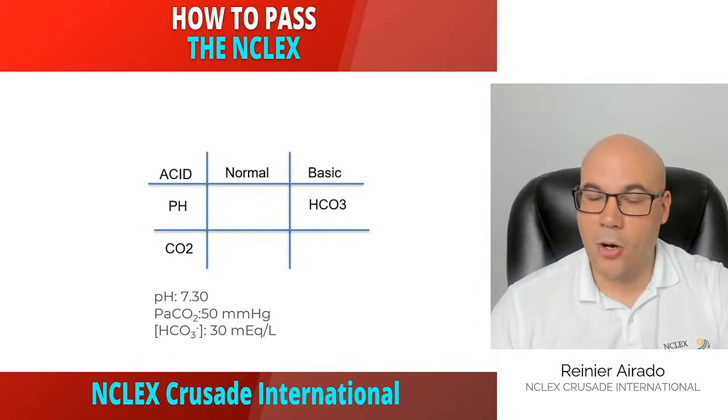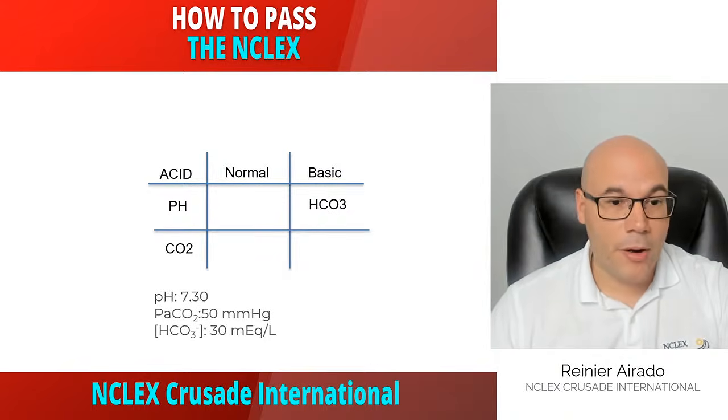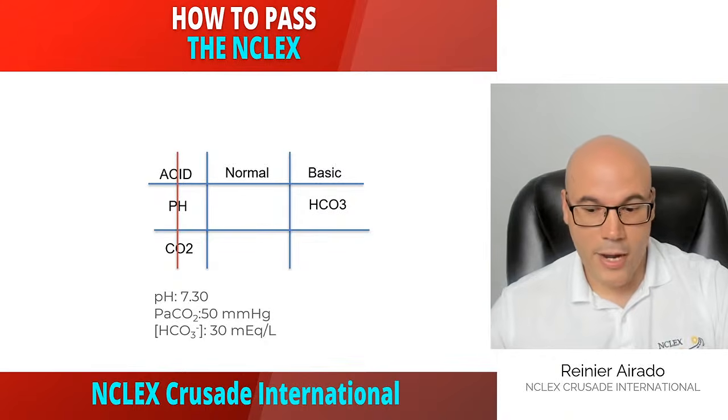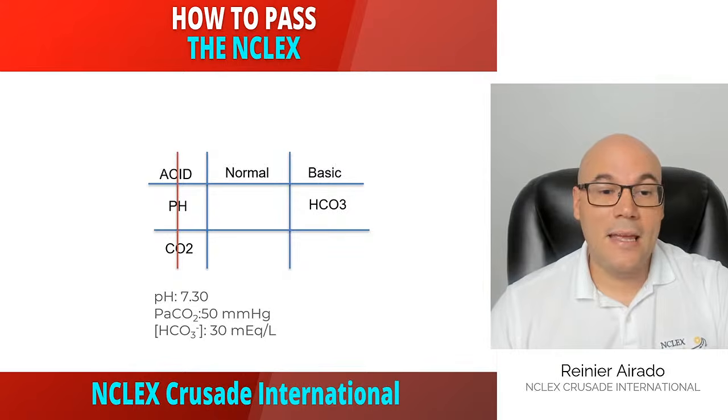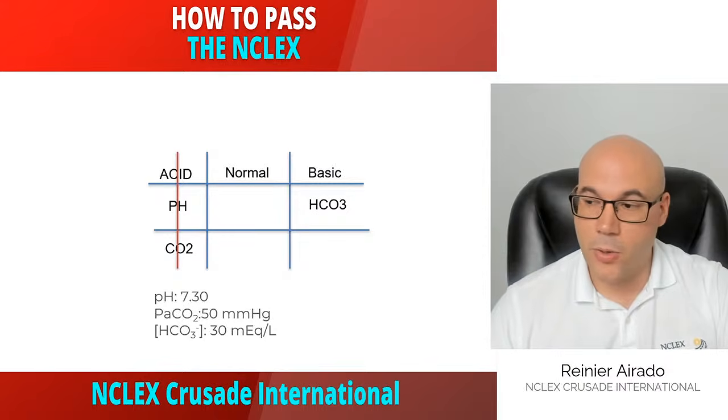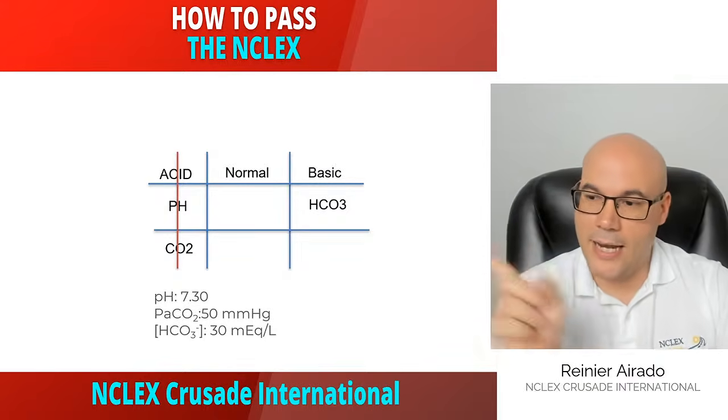Let's play tic-tac-toe. Who won? Acid, pH, and CO2. We know that CO2 represents a respiratory problem. So what do we have? Respiratory acidosis. Now, is it uncompensated or is it partially compensated? What is the bicarbonate HCO3 doing? It's on the opposite end.